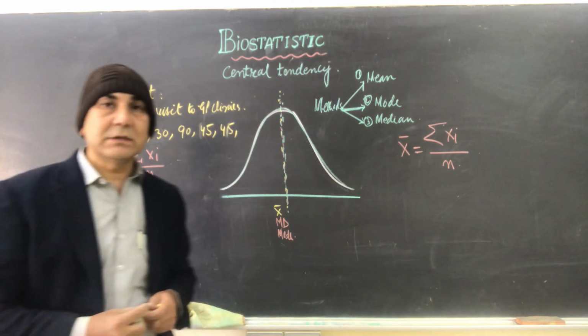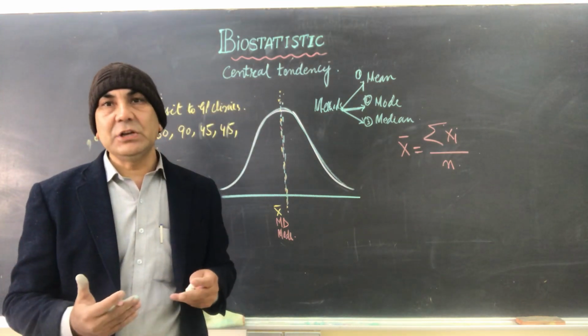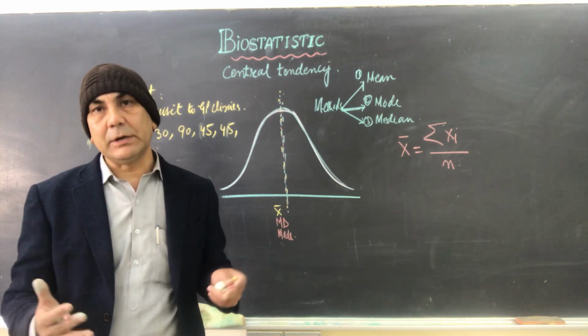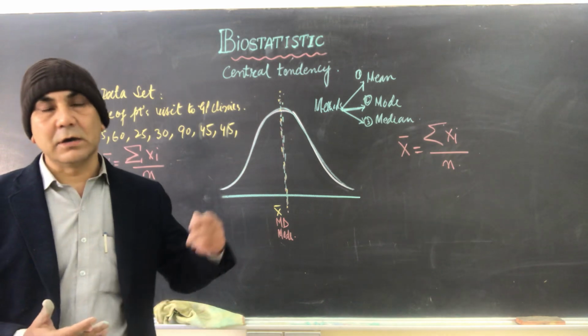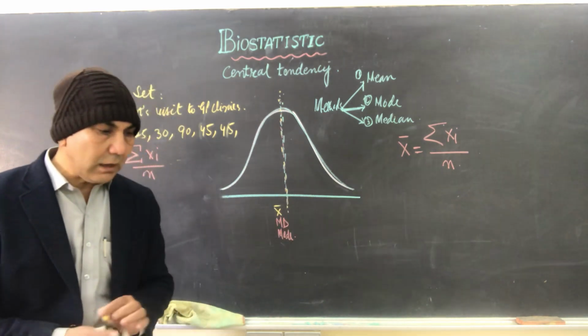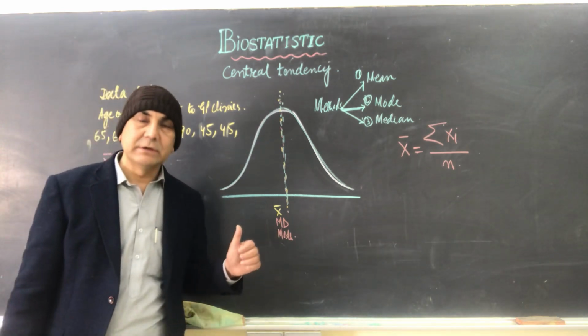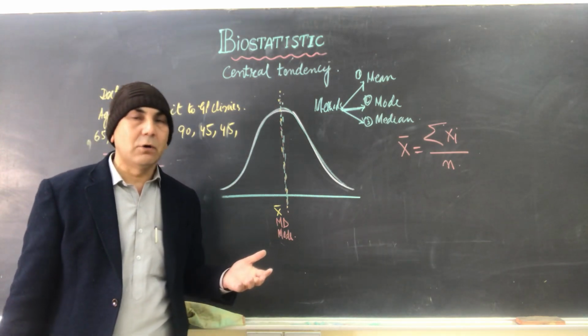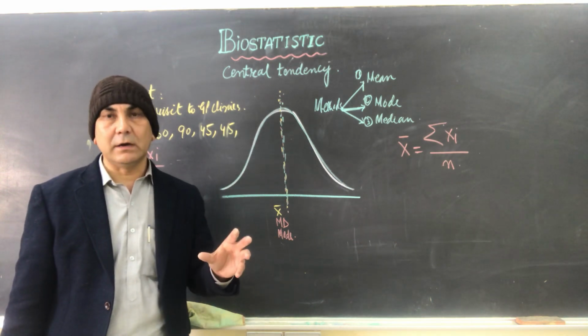The mean can be measured for discrete and continuous variables. It is mostly measured for continuous and discrete variable data sets, and it is not used for nominal and ordinal data.